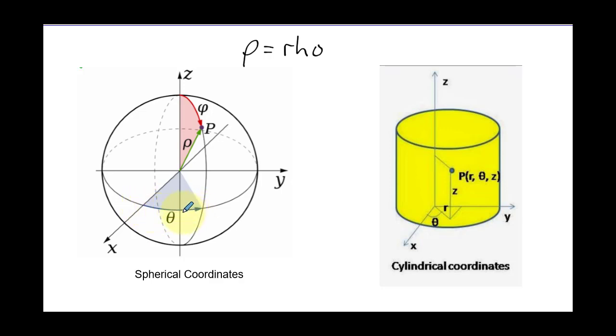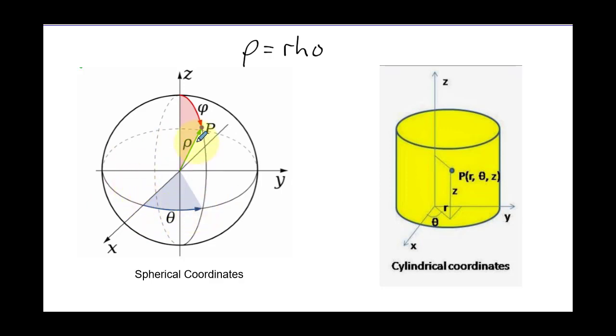So positive angles are counterclockwise from the x-axis, and negative angles go clockwise from the positive x-axis. And so theta could be positive or negative, go from 0 to 360 or past 360 or negative.